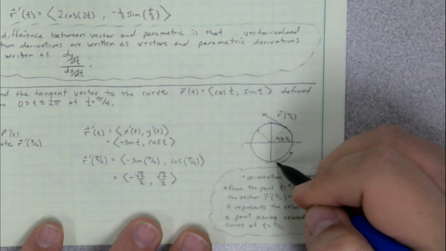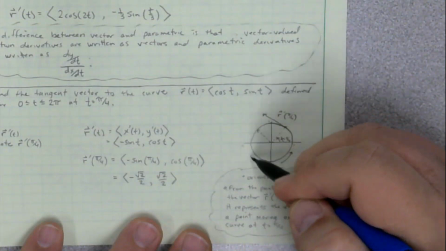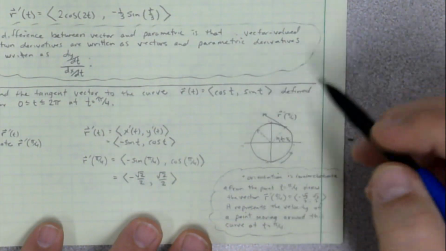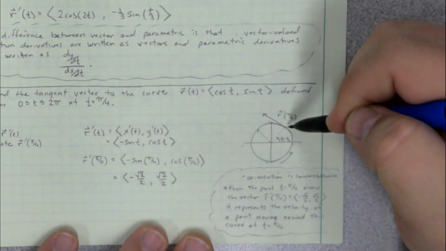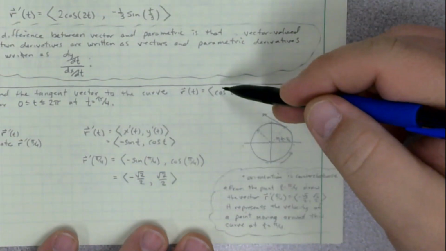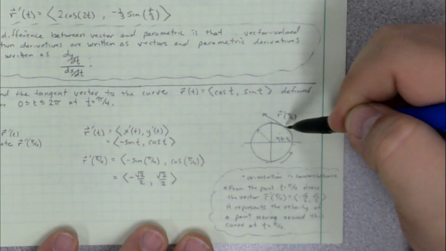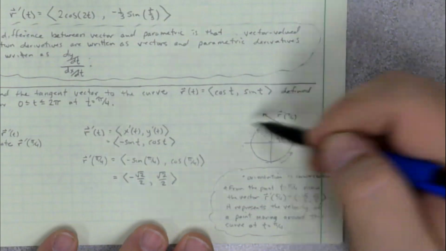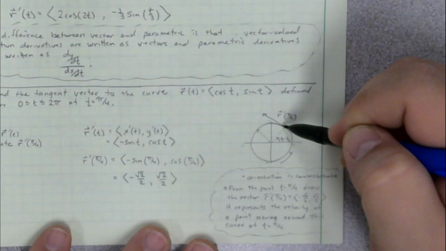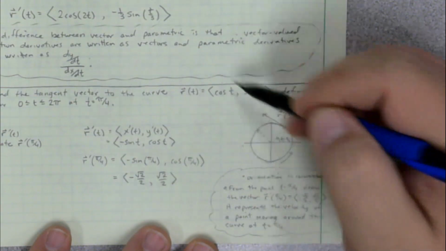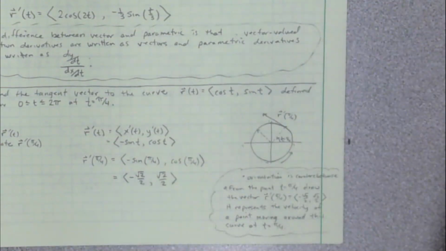If you start plugging values in, you're going to get this circle going in this direction. From this point right here, you're going to have the velocity vector from this point outward. If you think about it, if this thing is spinning that way, when I release something on a string, it's going to fly off in that direction. That gives me the velocity in that direction. So that's kind of how this is used.